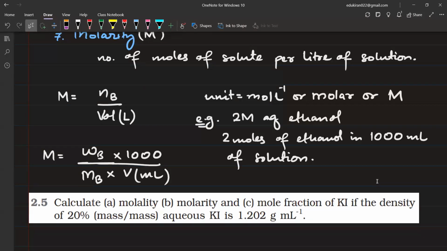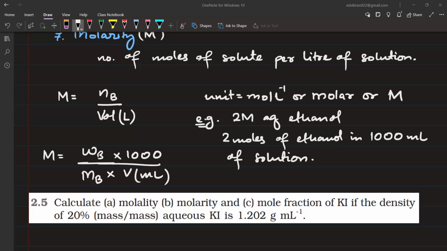Calculate molality and mole fraction of KI if the density of 20% mass by mass aqueous KI is 1.202 gram per ml. Now there is one piece of information that they have not given, which should be present, that is the molar mass of KI. So the molar mass of KI I will give you, don't worry.